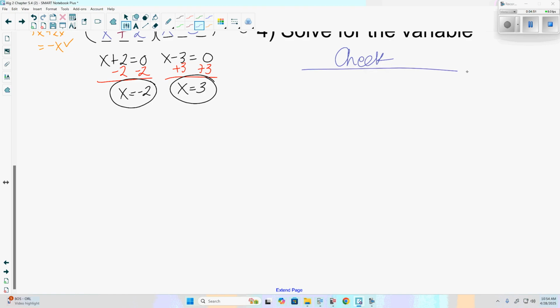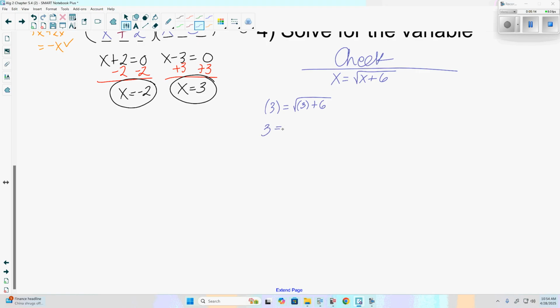Now we're going to check just to make sure, because our original equation is x equals the square root of x plus 6. We just want to make sure that both work. So if we start with 3, we'd have 3 is equal to the square root of 3 plus 6.